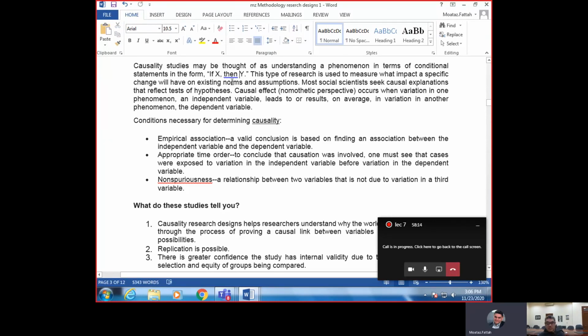In other words, I need to make sure that really this is the case. X led to Y. No spurious relationship. If it's a spurious relationship, then this independent variable is not the real cause. There is another cause that is the real one.